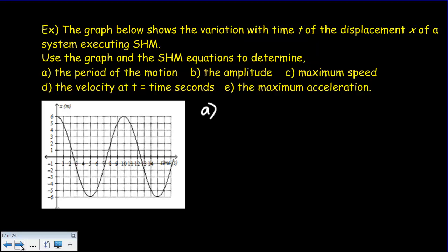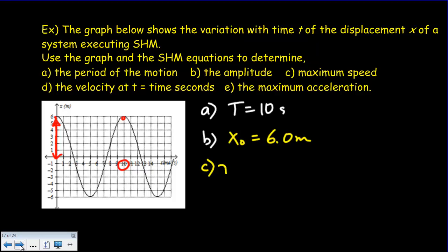Okay, the period of the motion, it takes 10 seconds to start repeating itself. So T is equal to 10 seconds. B, the amplitude, that is simply this distance here, which is 6 meters. Part C, the maximum speed, v naught equals omega x naught.